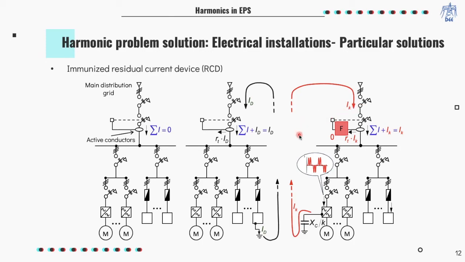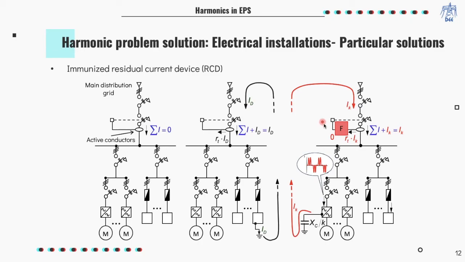Power electronics produce high-frequency harmonic currents, which can flow through the parasitic capacitors of the device towards ground as residual currents. These high-frequency currents may trip the residual current switch when they are measured. In this condition, the residual current devices open the electrical installation when power electronics are connected, but there is no fault in this installation.